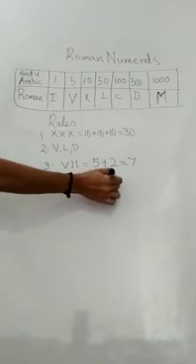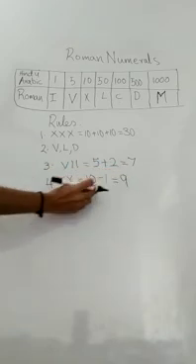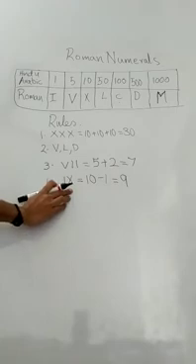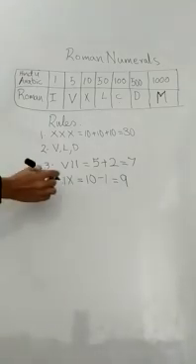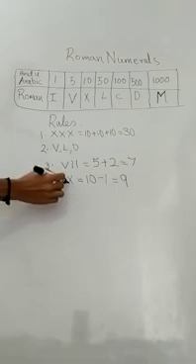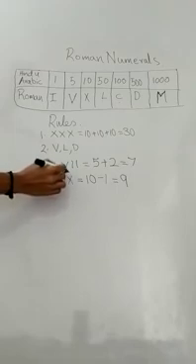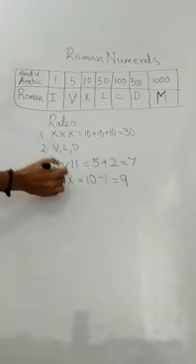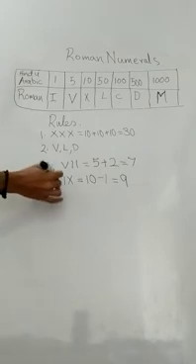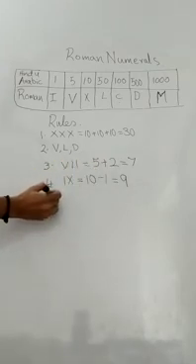So 10 minus 1 is equal to 9. So 9 you can represent this way. When you write a smaller Roman numeral on the right side we are adding, and when you write it on the left side we are finding the difference.